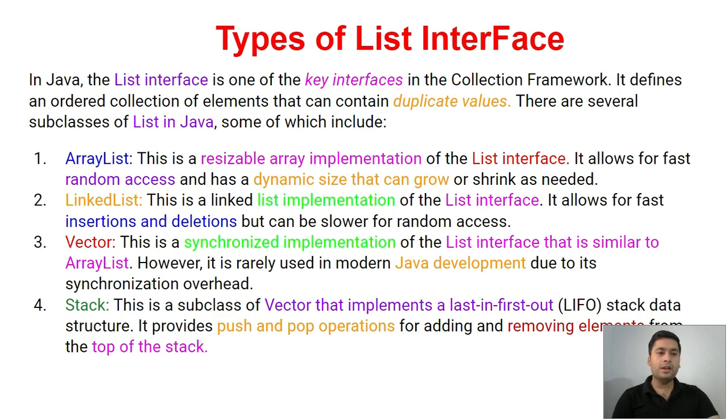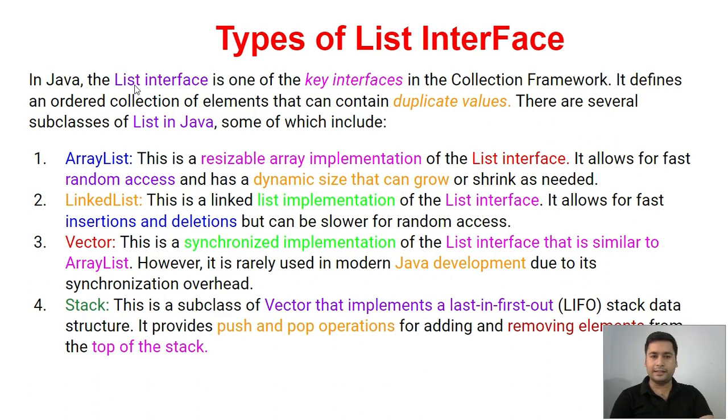In the previous classes we have already discussed what a collection is, what lists are available in the collections, and the hierarchy, and in that hierarchy we are talking about the list. A list is capable of storing duplicate data.